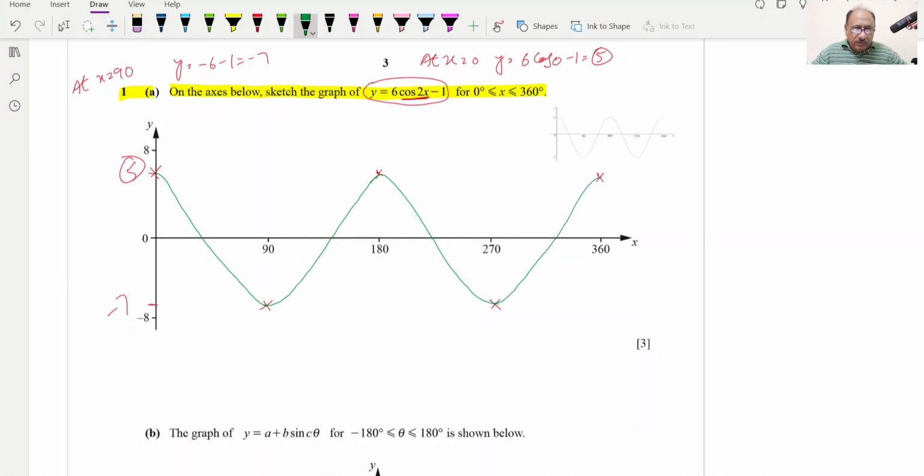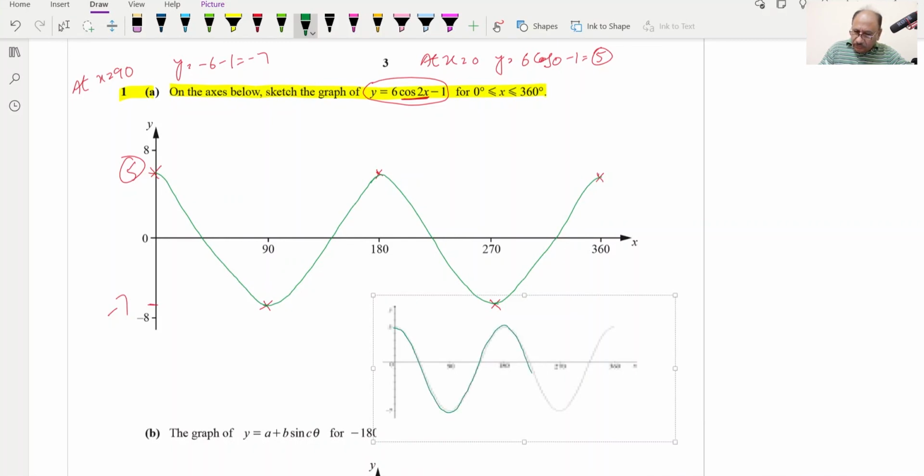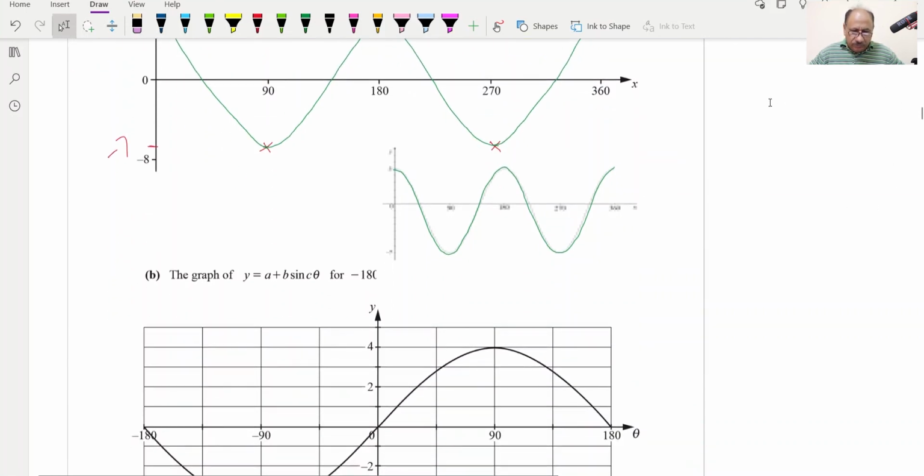So this will be the cos graph which we have plotted, and the accurate graph, if I show you, will be over here. Hopefully you can see this is the curve which is accurately drawn, and this is a sketch, and you will require these points only. Hopefully you understood this.